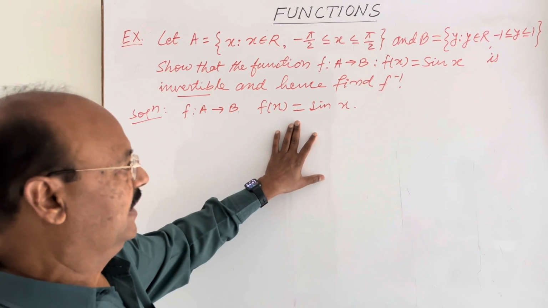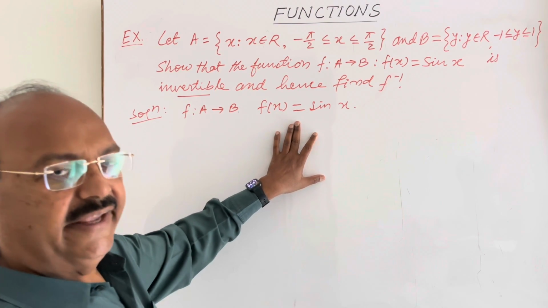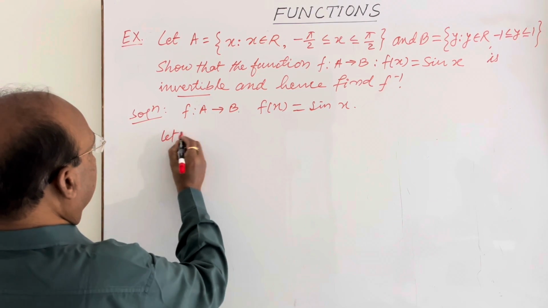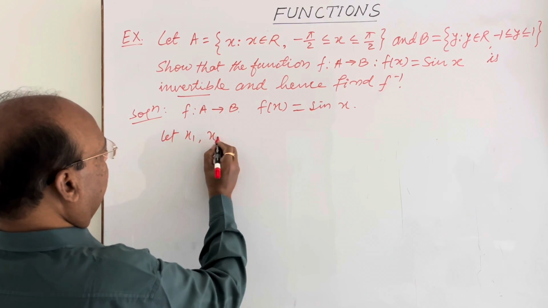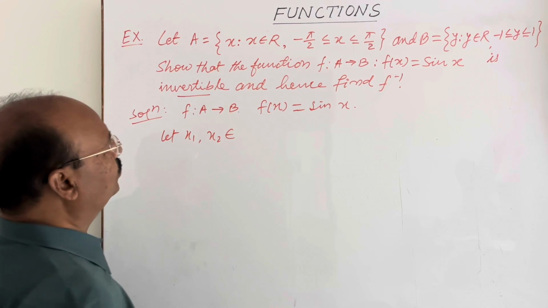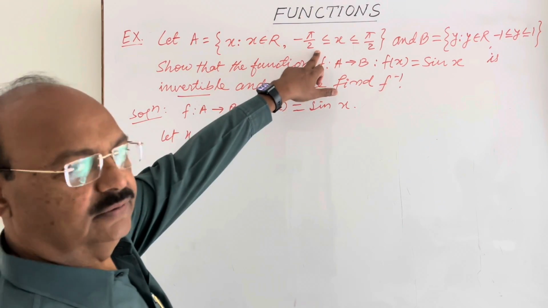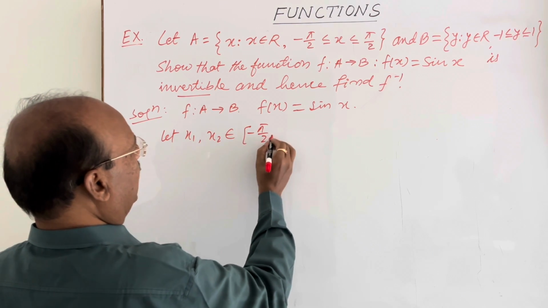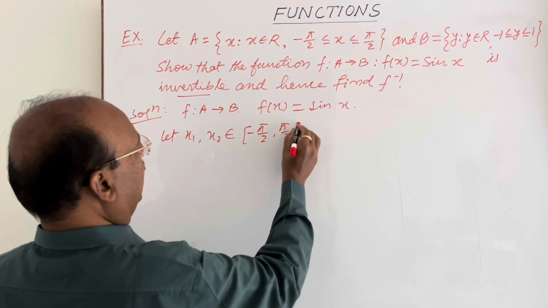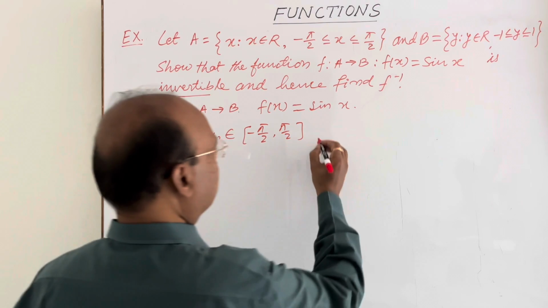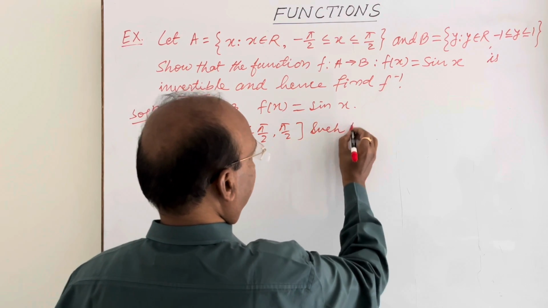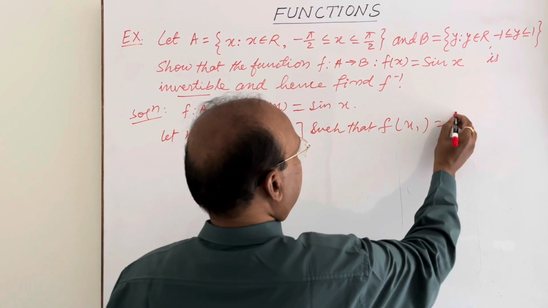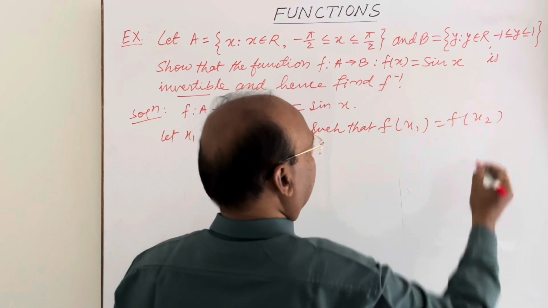f(x1) is equal to f(x2) implies x1 is equal to x2. So let x1 and x2 belong to the domain, this closed interval, minus pi by 2 to pi by 2, such that f of x1 is equal to f of x2.